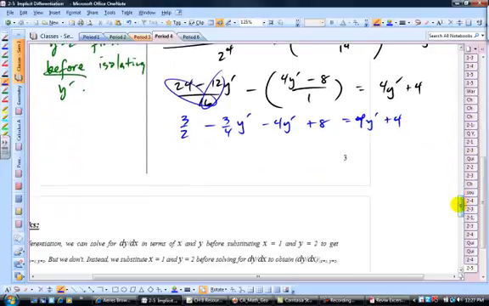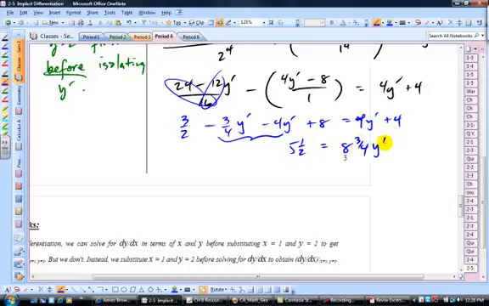And what we need to do is isolate the y prime. So, let's see here, 1.5 plus 8, that's 9.5, and then I got to subtract that 4 on that side, so 9.5 minus 4 is 5.5, so that's going to be on my left side. When I combine this right here, I get a negative 4 and 3/4. When I add it to the other side, I get 4 and 3/4 plus the 4, which is 8 and 3/4 here, times y prime.